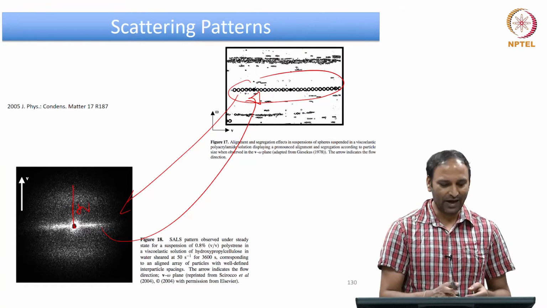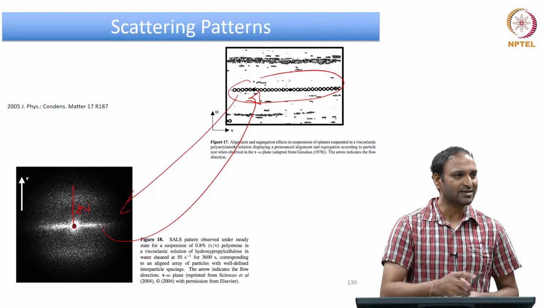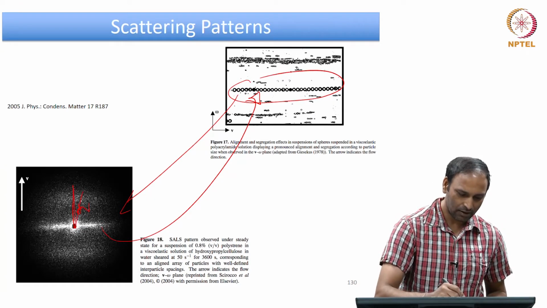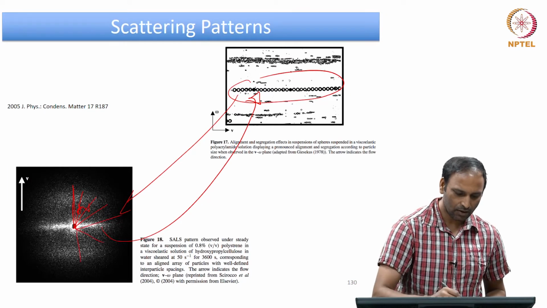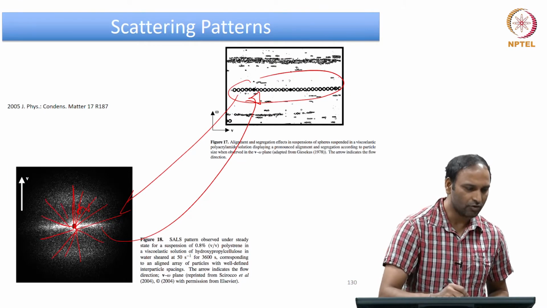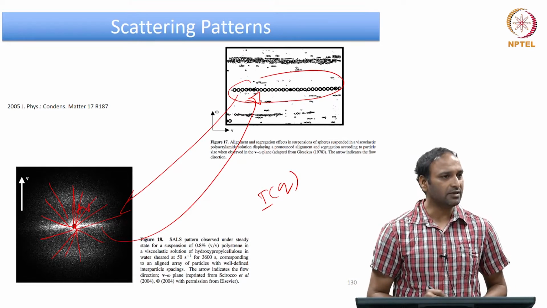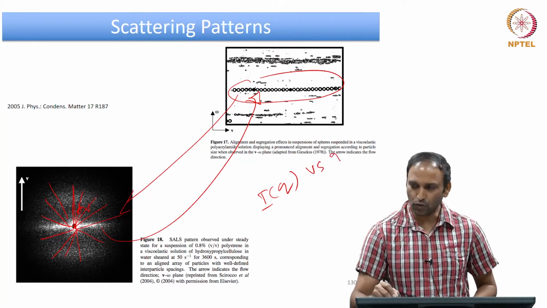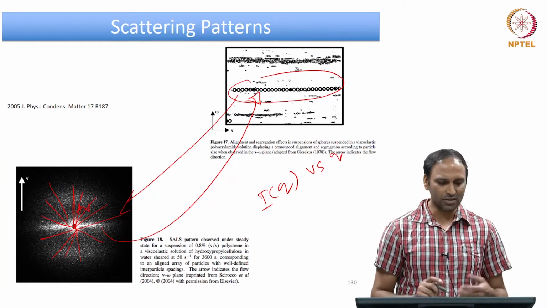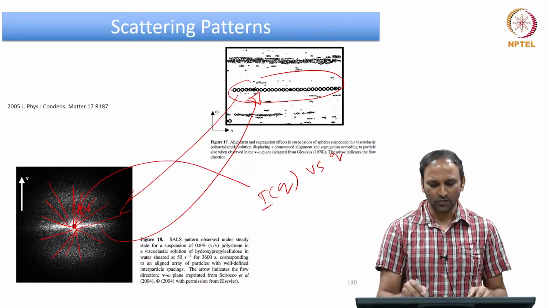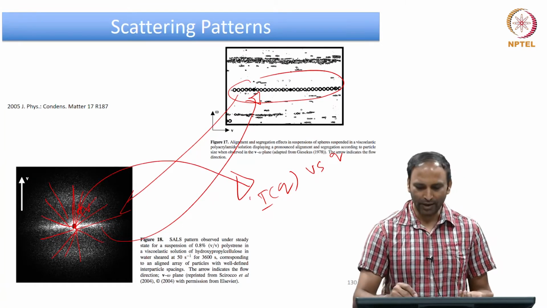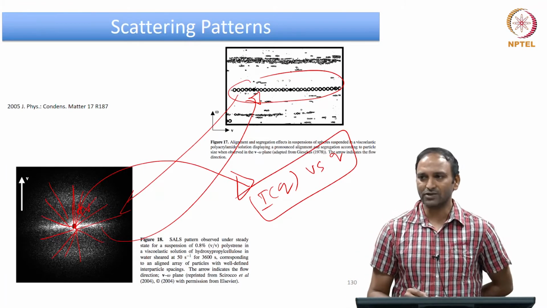If I average it across many lines like that, or all the lines that I could draw, then I get average intensity as a function of q. So from the 2D patterns you do radial averaging to get one dimensional scattering intensity patterns.